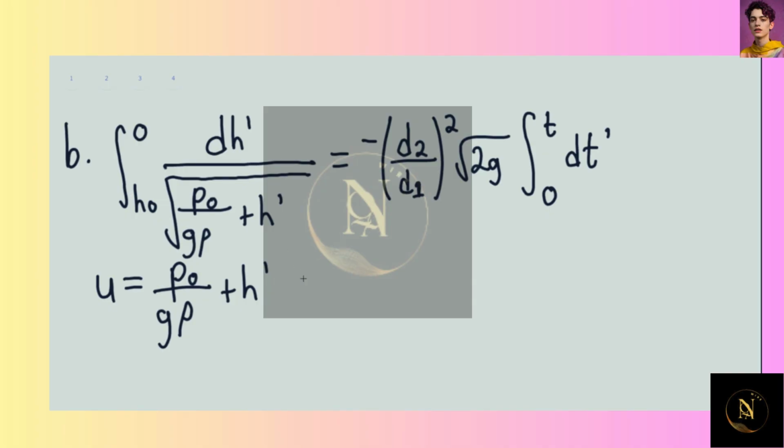And so this makes du equal dh prime. The integral then becomes much easier, and we would get an integral on the left-hand side only, the integral of du over u to the 1/2 power, or the radical u.